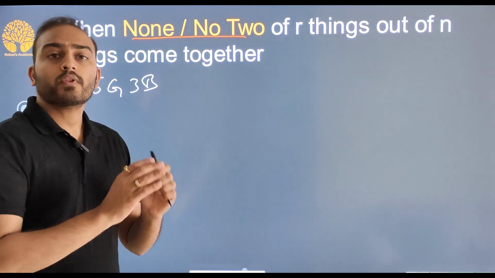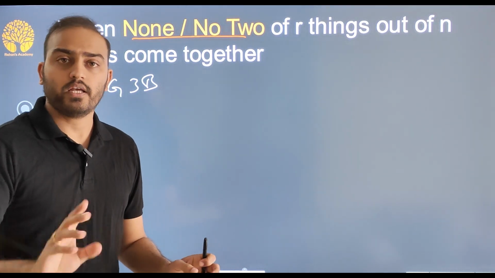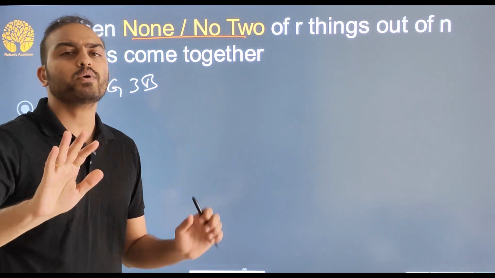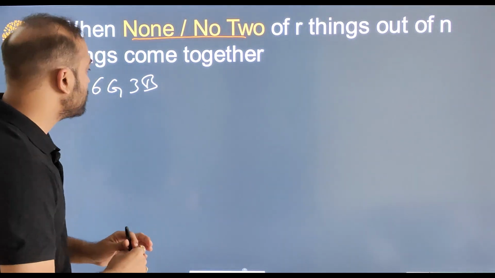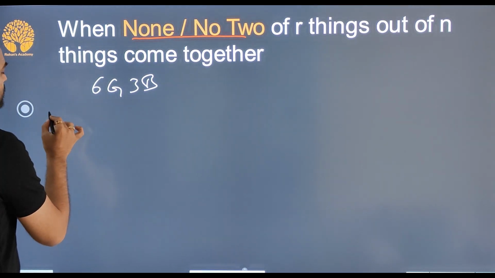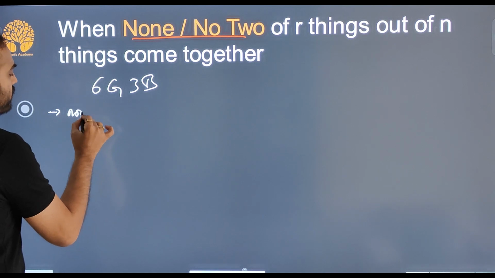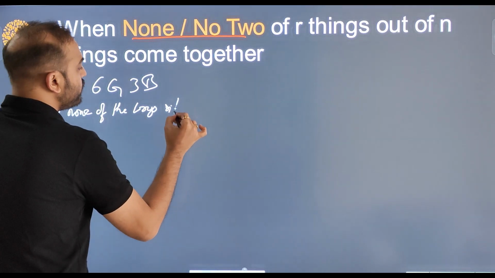None of the boys can sit together, so even 2 can't sit together. In the previous one, 2 sitting together was not a problem, all of them sitting together was a problem. So if I have 6 girls and 3 boys, and the question is none of the boys sit together.